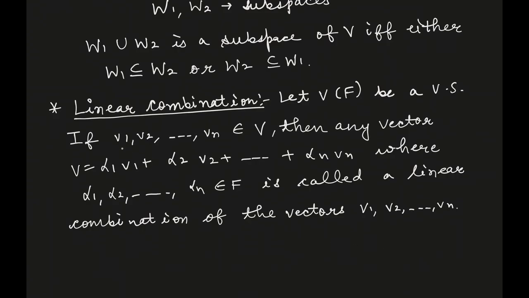So I have taken a set of vectors in this vector space V. Any vector can be represented as a linear combination of these vectors. So this is the definition of linear combination.